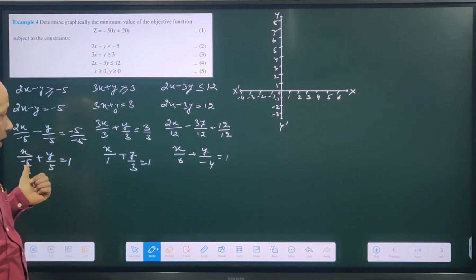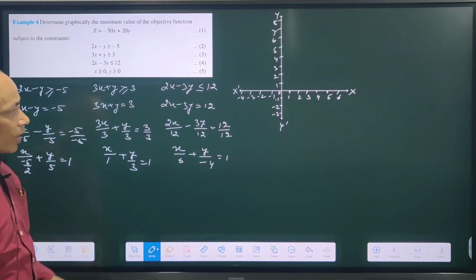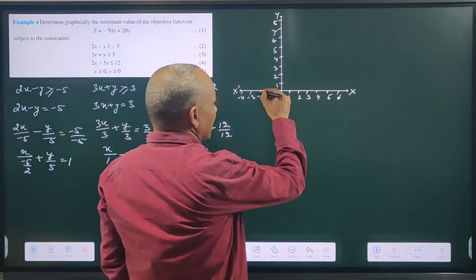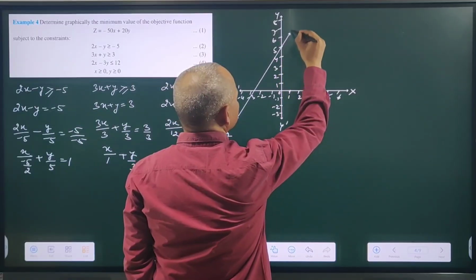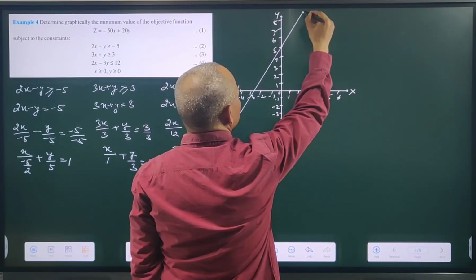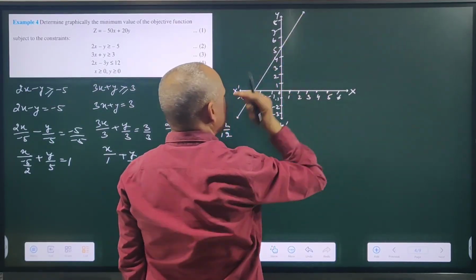First is x divided by minus 2.5 and y divided by 5. On the x-axis minus 2.5 and on the y-axis we'll have 5.